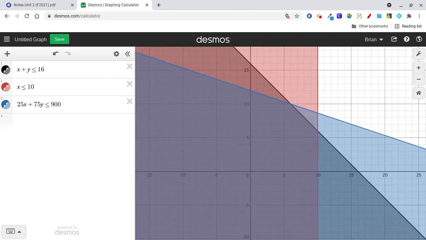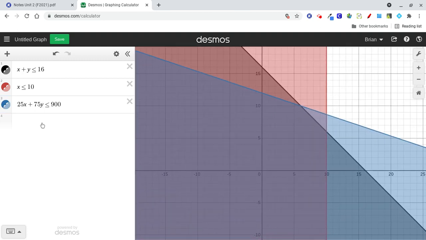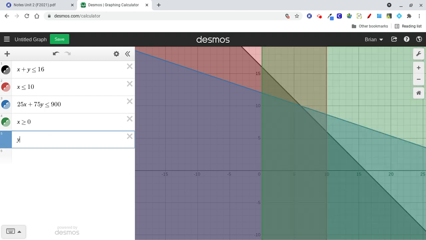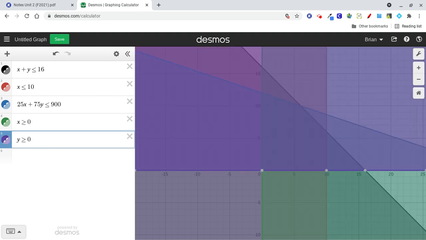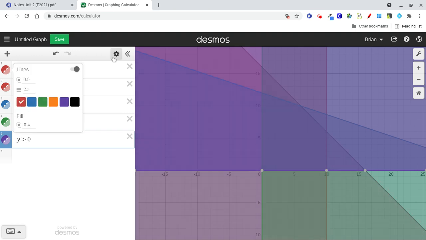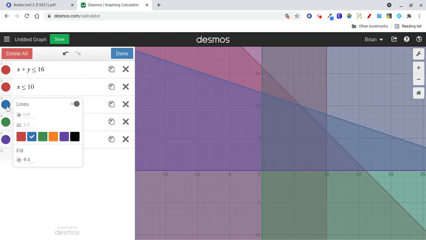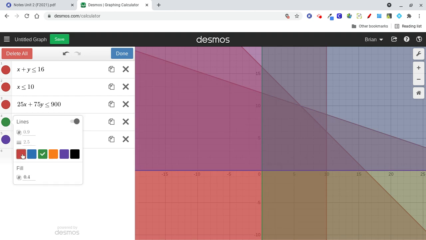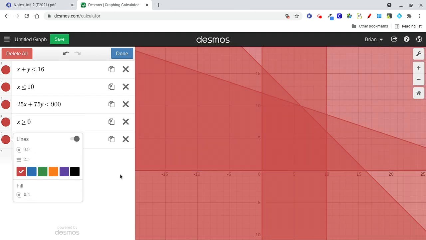Okay, you can kind of see where we're talking about, I think. Okay, dark region is right there.